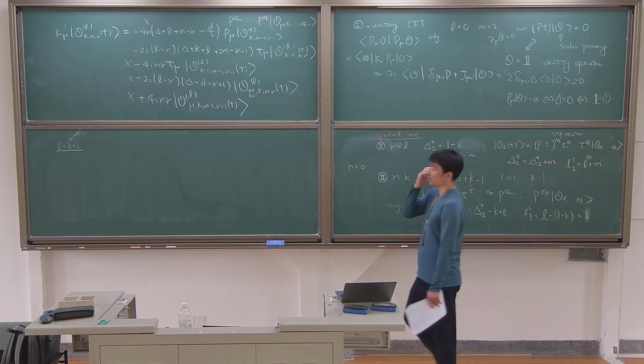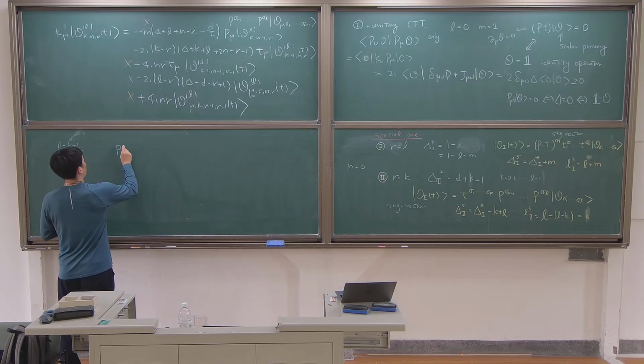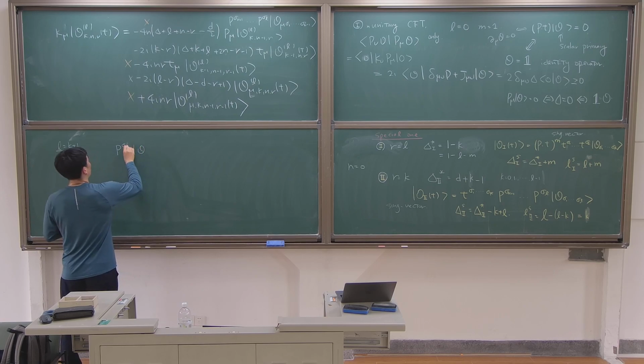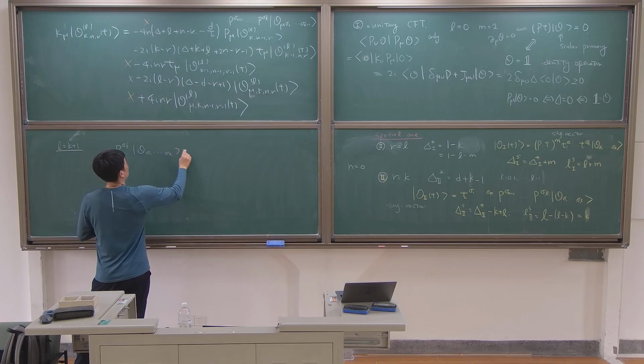In unitary CFT, the singular vector means that P mu, sigma 1 acting on sigma 1 through sigma L is equal to 0.